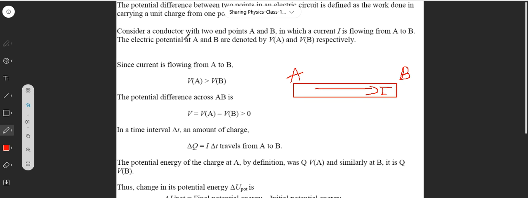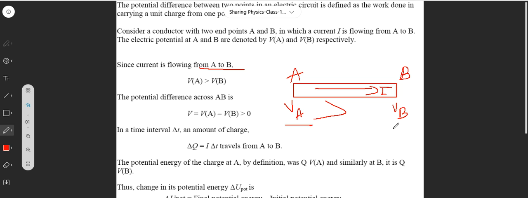And from A to B it flows, the electric potentials at A and B are denoted by VA and VB. So what is the potential we are going to have at this point? The higher potential is going to be VA and the potential over here is going to be VB. Since the current is flowing from A to B, obviously which should be at higher potential?